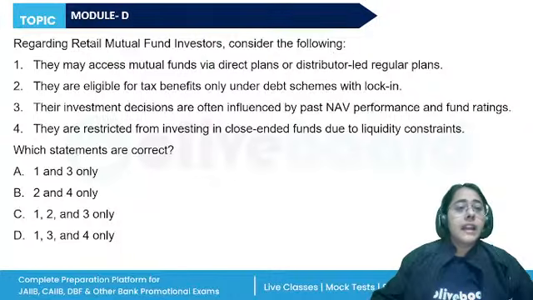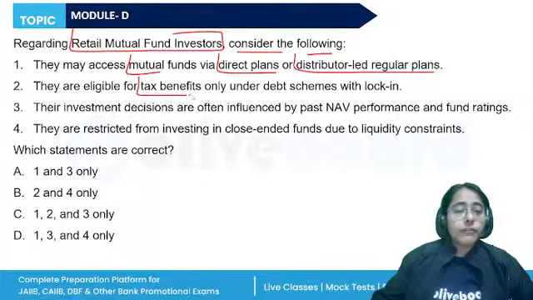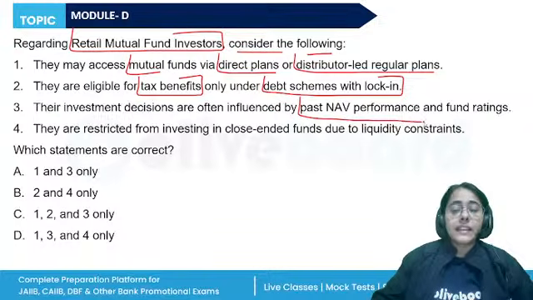Okay. Regarding the retail mutual fund investors, consider the following. 1. They may access the mutual funds via direct plans or distributor-led regular plans. 2. They're eligible for the tax benefits only under the debt schemes with lock-in. 3. Their investment decisions are often influenced by the past net asset value performance and fund ratings. 4.